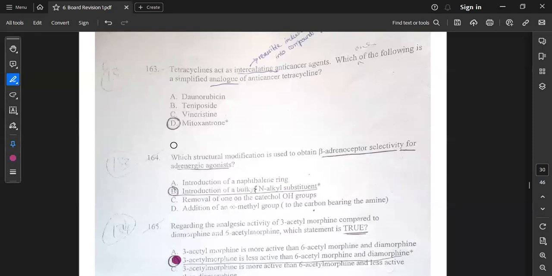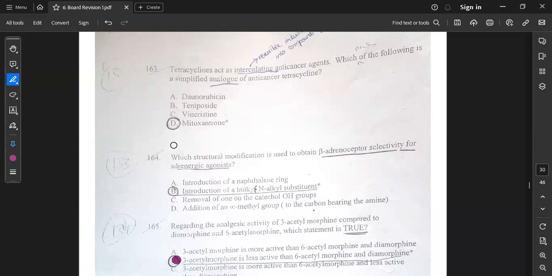1, such that substitution with aryl alkyl groups provides compounds with selectivity and improved cellular penetration due to higher lipophilicity. An example I've found is formoterol and salmeterol.